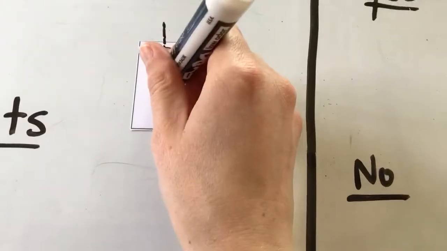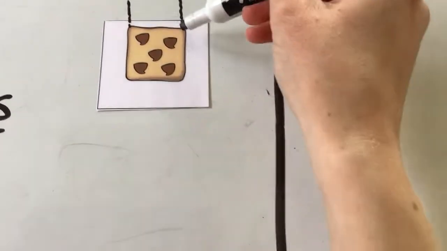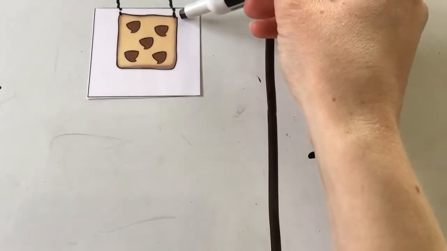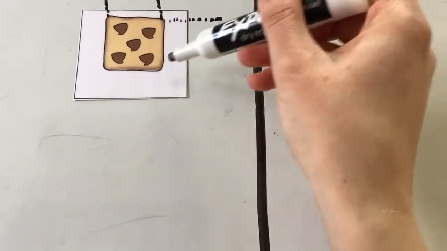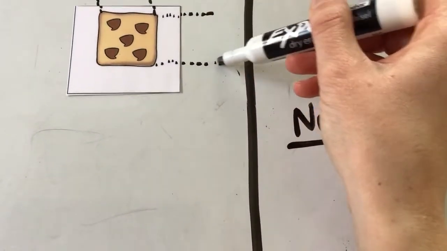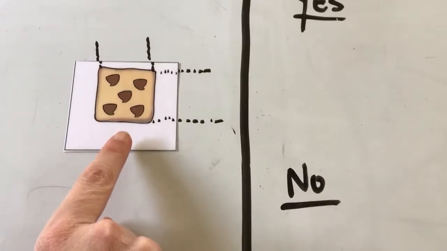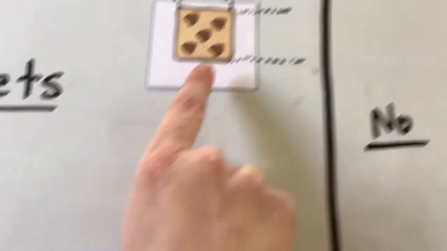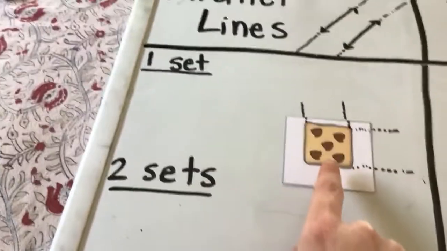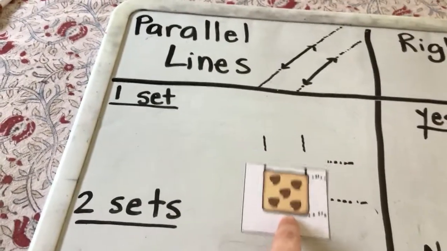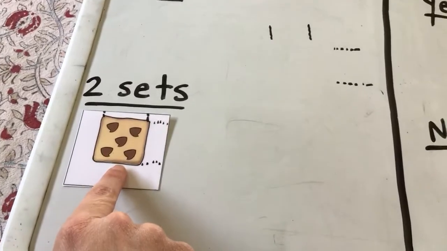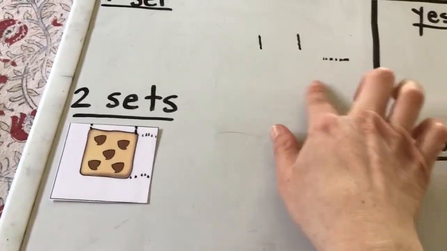If this line right here and this line right here went on forever and ever out onto my whiteboard, they would also never touch. So that means that when we're talking about a square, we're talking about a shape that has two sets of parallel lines. So I'm going to take my square and sort it right here because it has two sets of parallel lines.